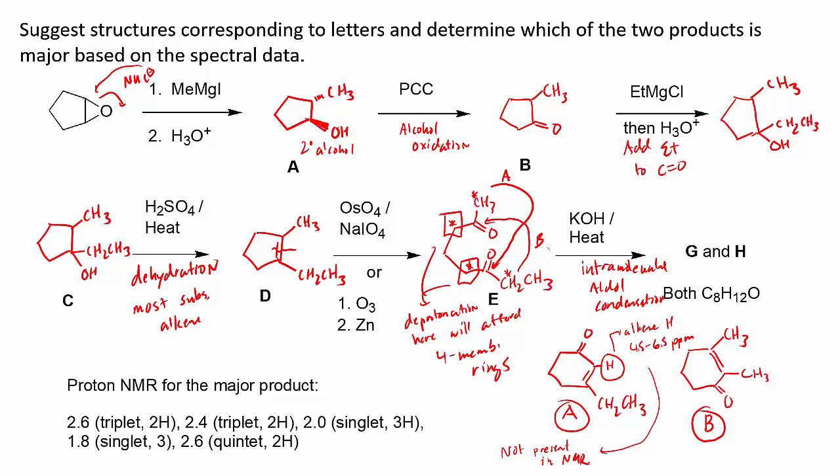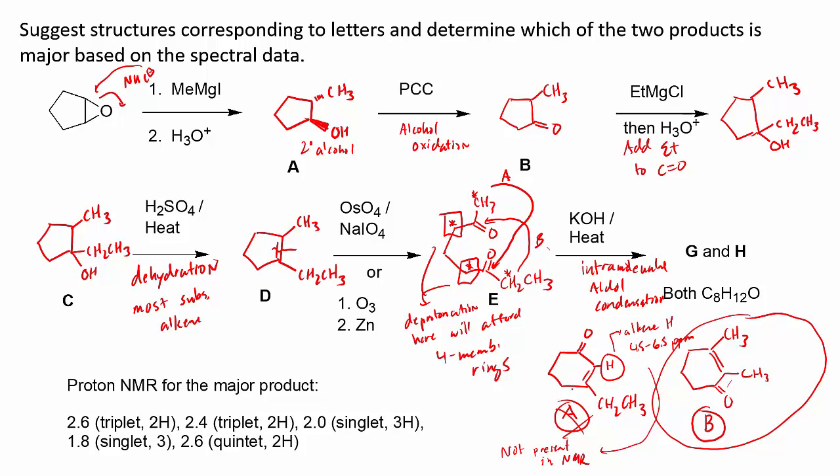The NMR's highest chemical shift peak is at 2.6, so there cannot be an alkene with a hydrogen on an alkene carbon in the final product. So it's not A, it's B. All right, so B is the final product.